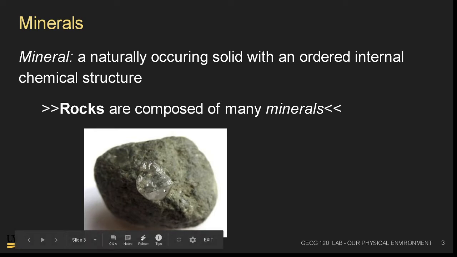So this diamond is a great example of one mineral being present in the surrounding rock, which could be composed of many minerals itself. So the key point here is that rocks are composed of multiple minerals. And we're going to be focusing on rock formations throughout this lab.